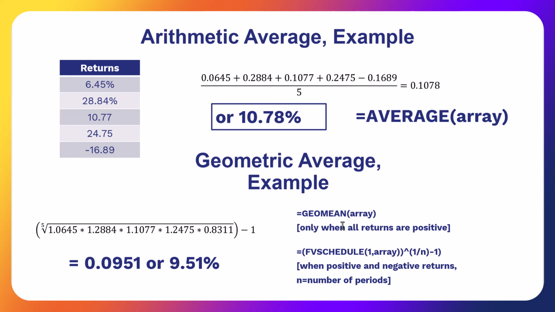Or what we could do here in Excel is equals GEOMEAN, and then in parentheses you put the array. Now that only works when all the returns are positive.